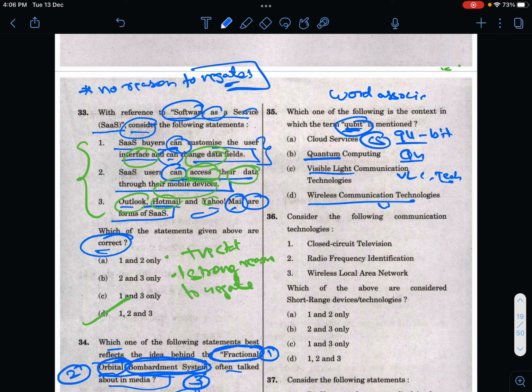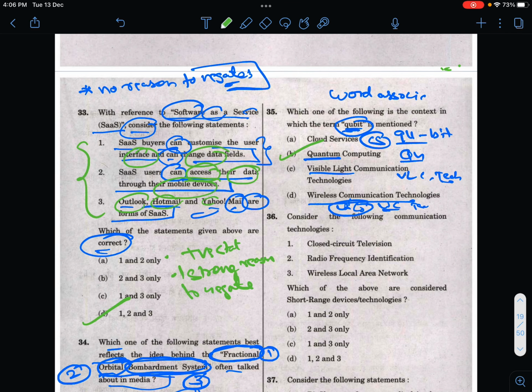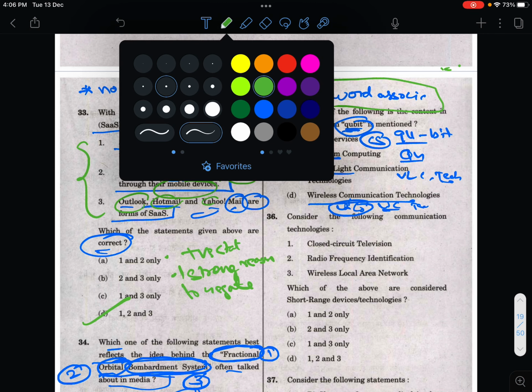Again, wireless communication tech, I don't see anything like YCO or WC. Qubit intuitively relates to quantum computing, even if you have not explicitly read the topic. So you can, with fair confidence, using word association, mark B, which will turn out to be the right answer.